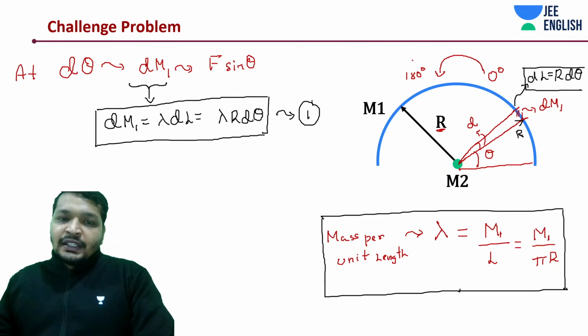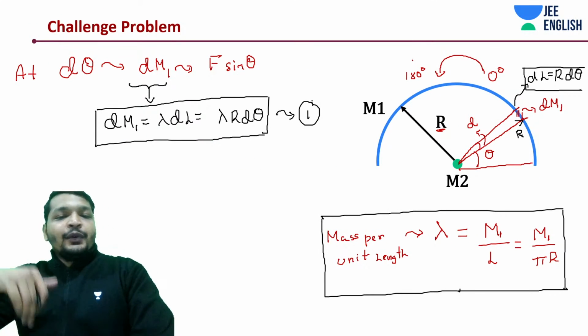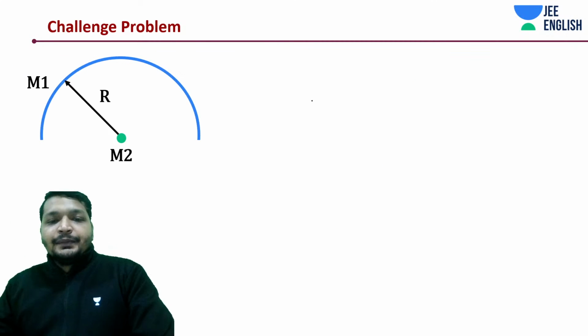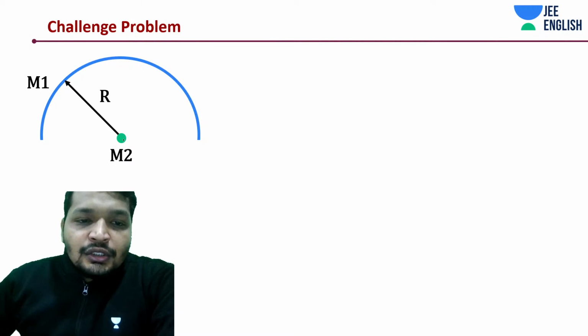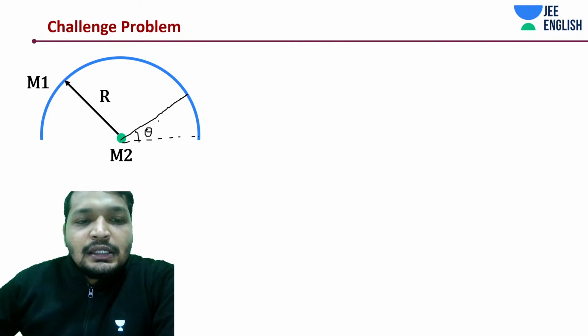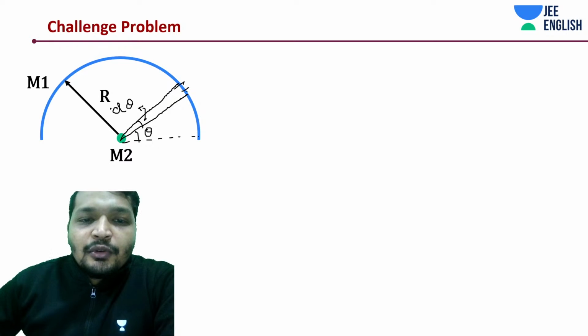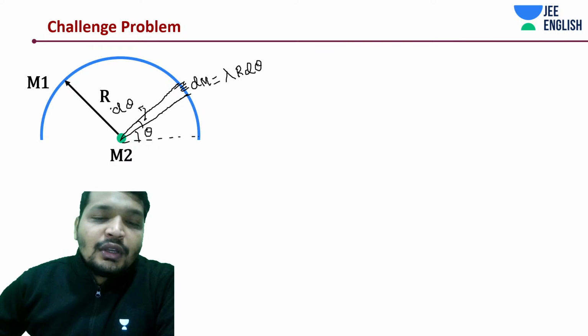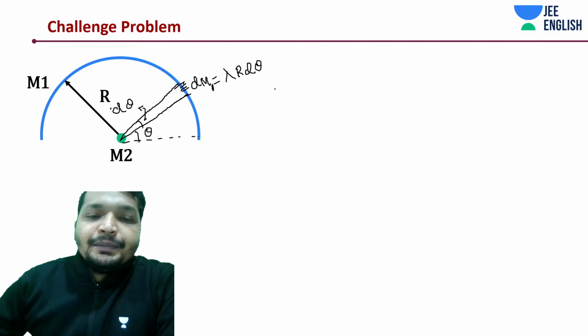Okay, only f sin theta from 0 to 180 degrees instead of 2f sin theta from 0 to 90 degrees, same thing. Alright, so now we need to play the integration game. It's going to be theta, something like this. This is lambda into r d theta, dm1.